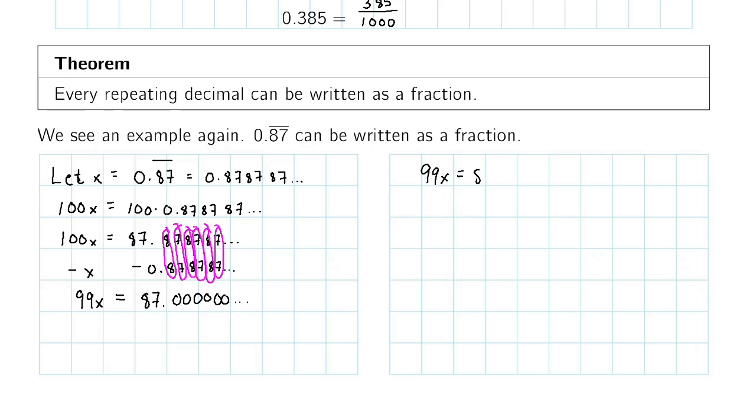In other words, 99x is 87. Dividing both sides by 99, I get x is 87/99.